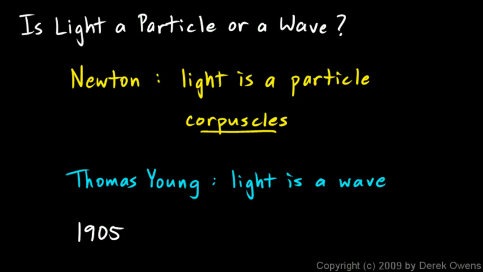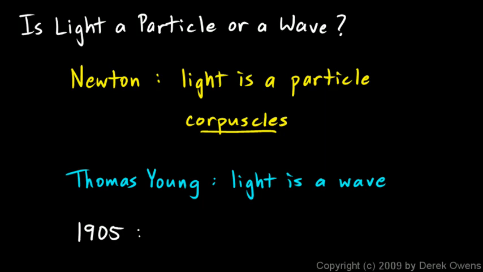In the year 1905, another physicist came along and did an experiment that clearly demonstrated that light is a particle. The experiment was known as the photoelectric effect. And the physicist who did this later received the Nobel Prize for this work. The Nobel Prize is the most prestigious prize that anyone can receive in physics.